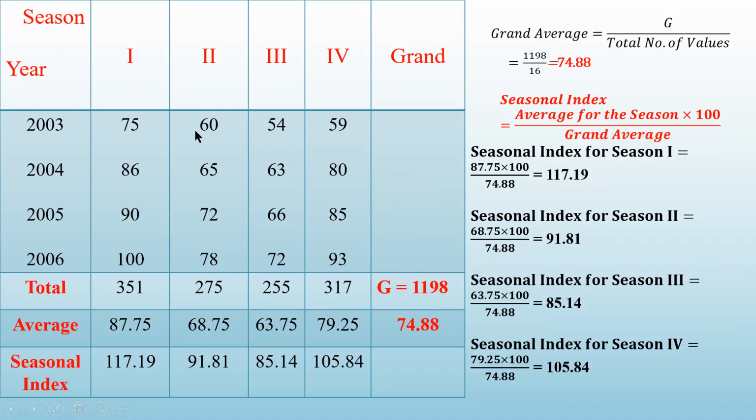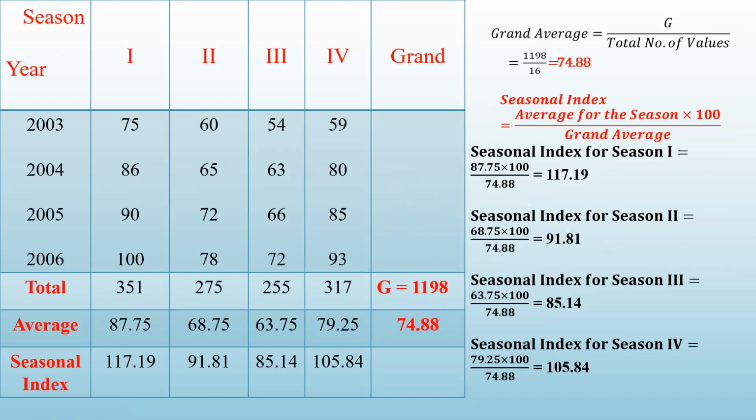Average for the first season is 87.75. So that is what I have written here. 87.75 into 100 divided by grand average, that is 74.88. When you simplify this, you'll get 117.19.